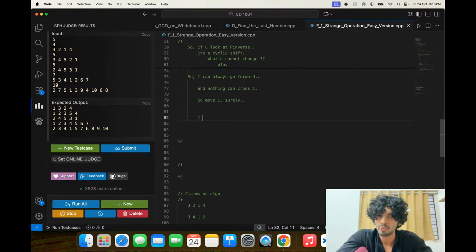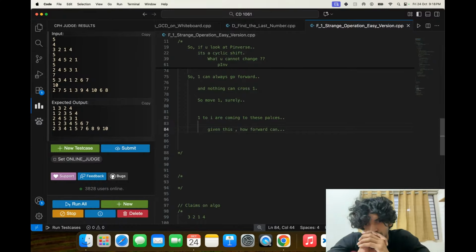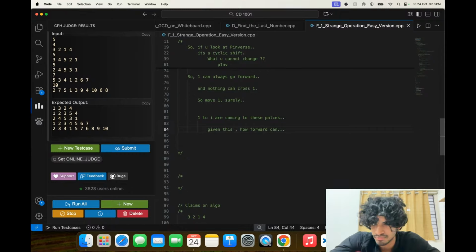So 1 to I are coming to these places. Given this, how forward can I plus 1 move?